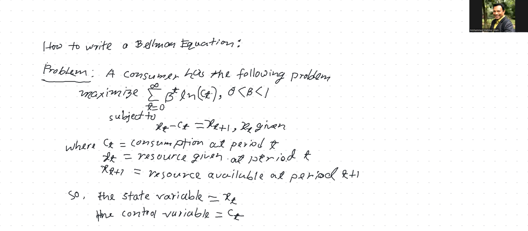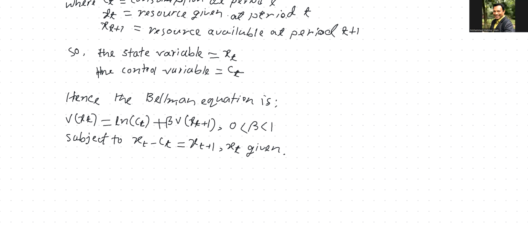So the Bellman equation breaks this problem into a two-period problem, a period t value and a t plus 1 value. So the value at t is v of x sub t, which is equal to the current period maximization of utility, and whatever is remaining is v of x sub t plus 1, because x sub t plus 1 is the available resource at period t plus 1. And because the consumer discounts the future consumption by a factor of beta, we have this beta here.